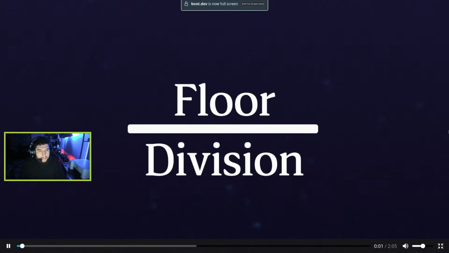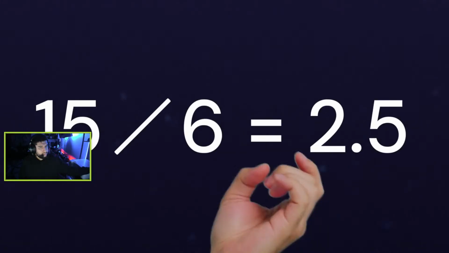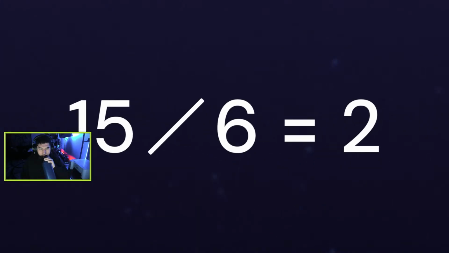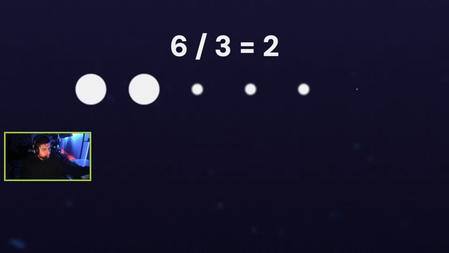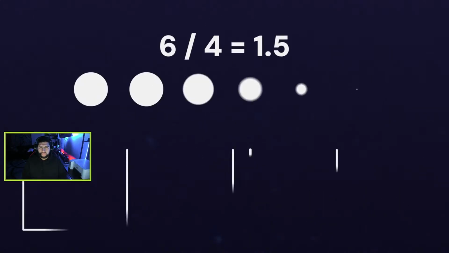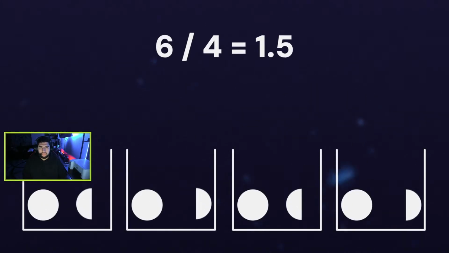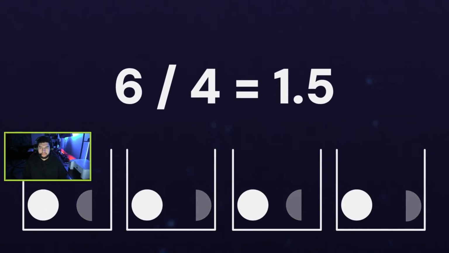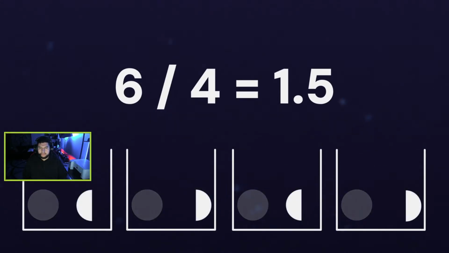Floor division is just like regular division, but there's a slight twist. The remainder is ignored, or truncated, or dropped, at least with positive numbers. Let's go over a few examples, but first with regular division. 6 divided by 3 is 2. 8 divided by 2 is 4, and 6 divided by 4 is 1.5, because 4 goes into 6 one whole time, and then half a time more, right?